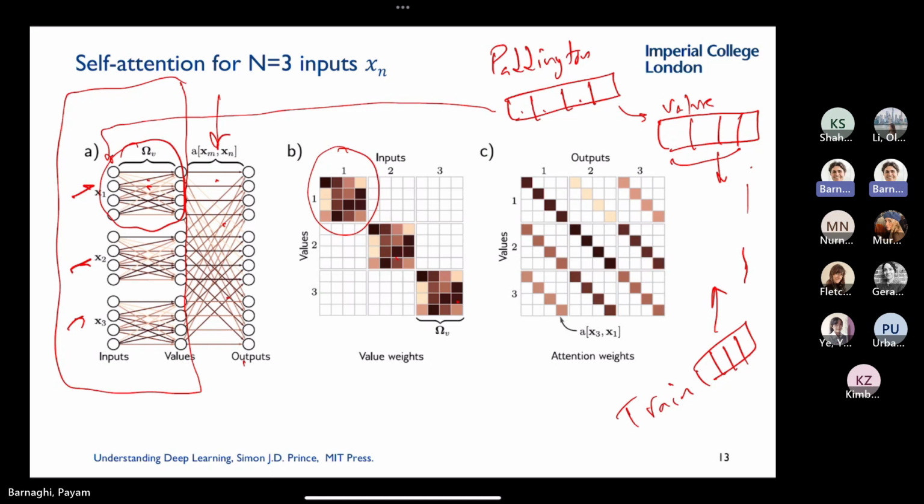Like if the weight of Paddington to train is 0.1, it means every single dimension will be multiplied by 0.1 of the train. Makes sense? You could make it probably much more complicated if you wanted to train different weights, but suddenly you can imagine your parameter space, we're going to go like mad, really. And that's how it's shown in a matrix world here. All the attention weights going from one word to the other are the same.